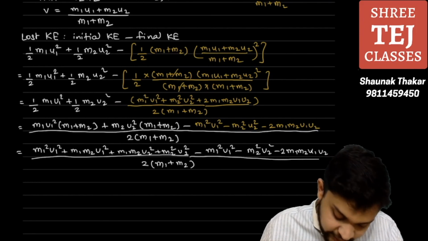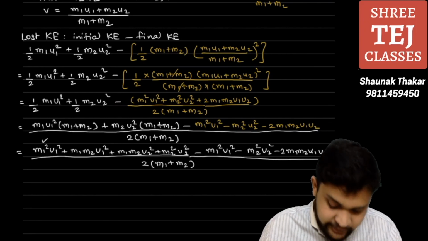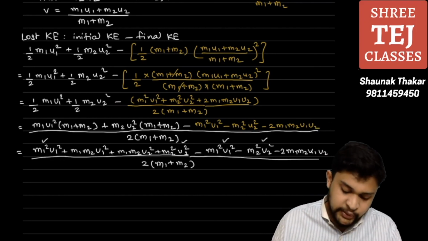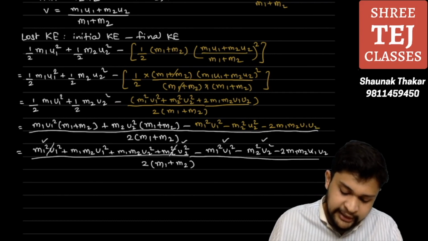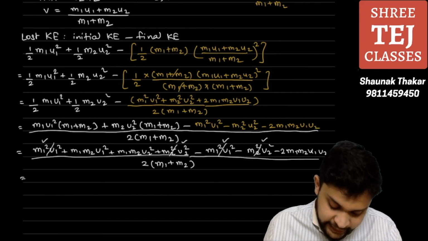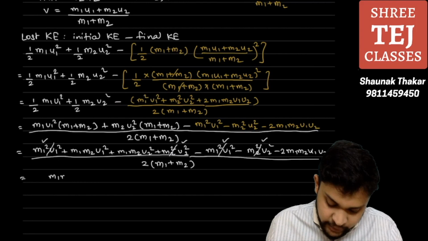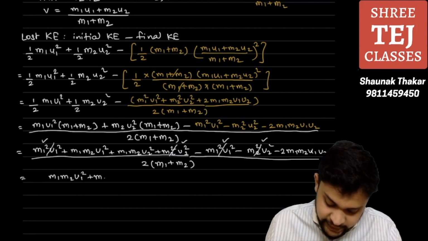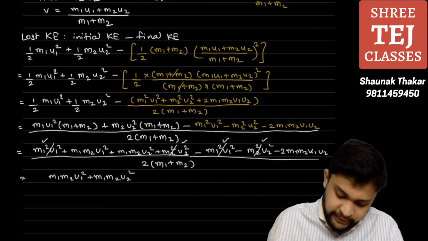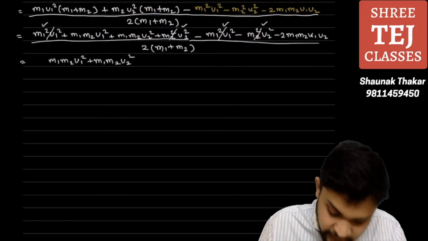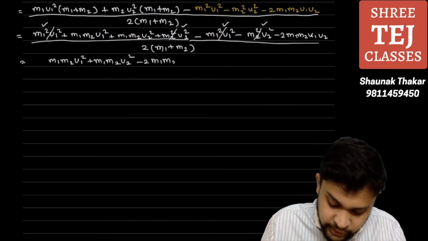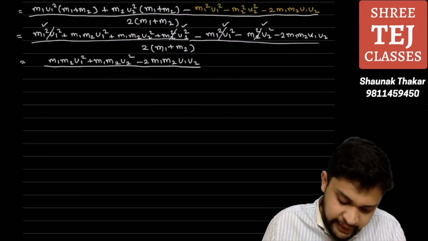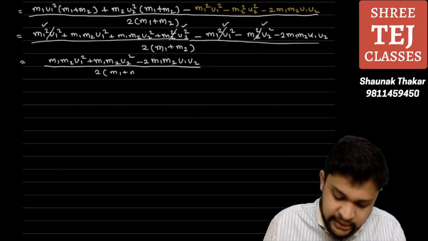Okay, now we have m1 square u1 square minus m1 square u1 square and m2 square u2 square and minus m2 square u2 square. So these terms will get cancelled and we will get m1 m2 u1 square plus m1 m2 u2 square minus 2 m1 m2 u1 u2 divided by twice of m1 plus m2.